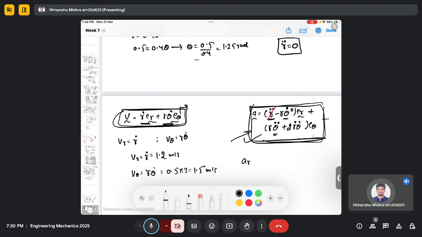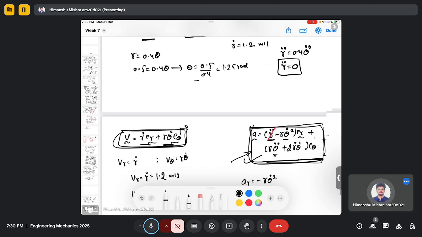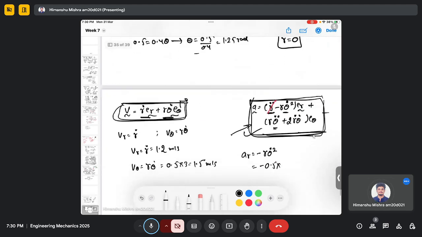So my a_r will be minus r theta dot squared. r is 0.5 and theta dot is 3. Therefore a_r will be minus 4.5 meters per second squared.